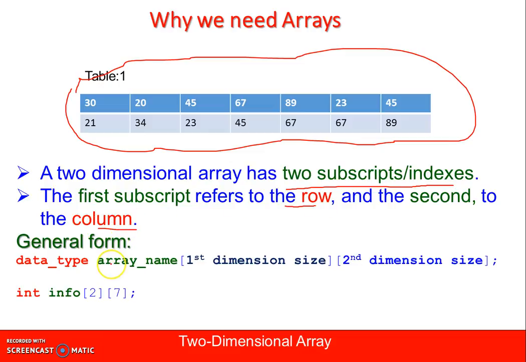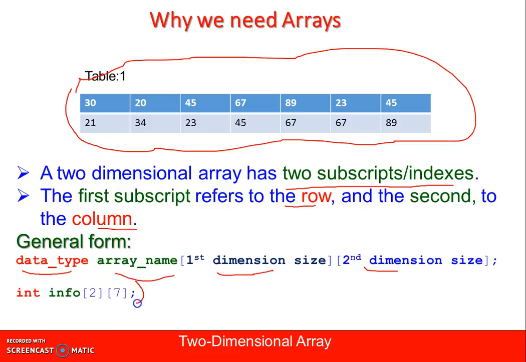So the general syntax of declaring a two-dimensional array is, first of all, we specify the data type, then the name of the array. The first dimension will tell us the size of the rows, whereas the second dimension will tell us the size of the column.